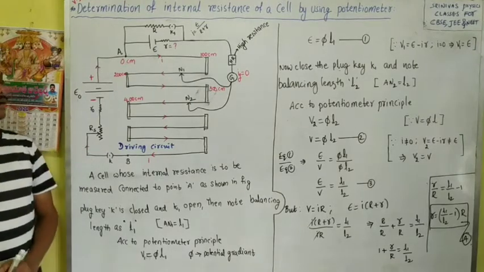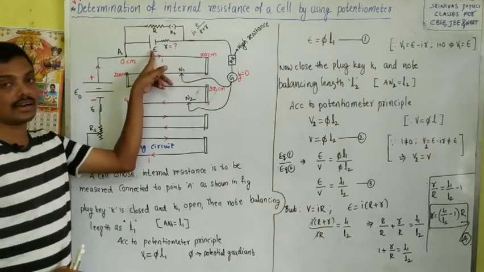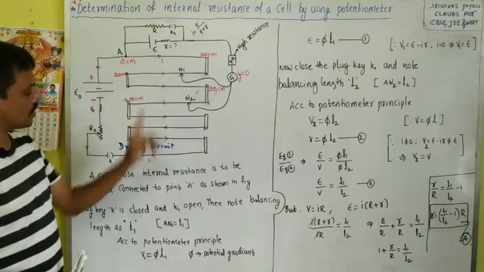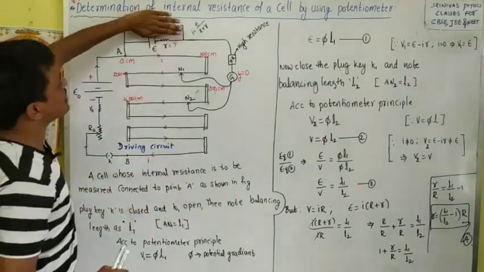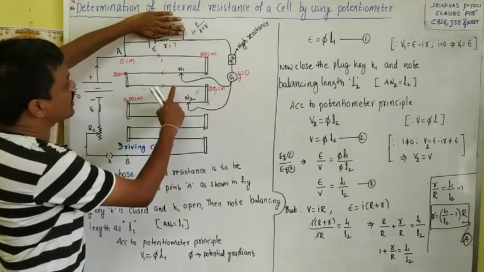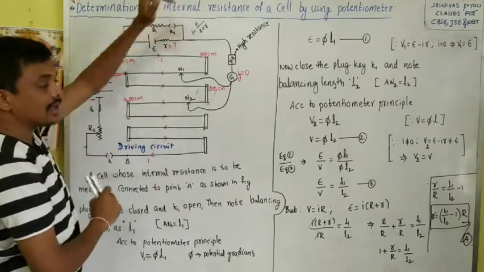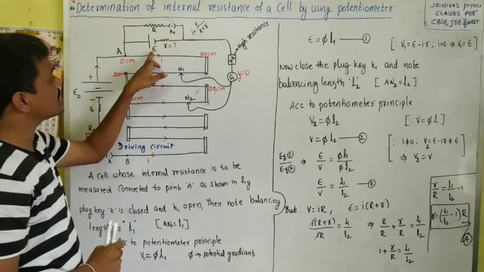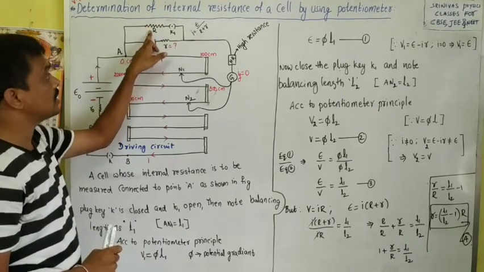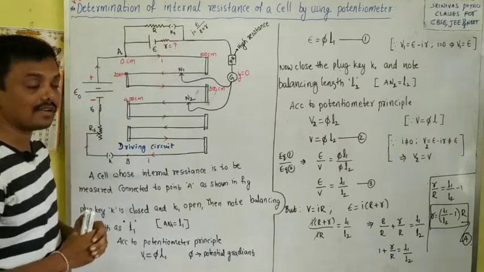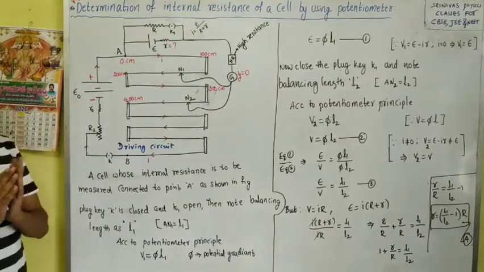L1 is the balancing length with only the cell, because we note L1 when K1 is open. K1 is open means this is not there. L2 is the balancing length with the cell and a parallel resistance capital R, when K1 is closed. I will tell the procedure in one minute.